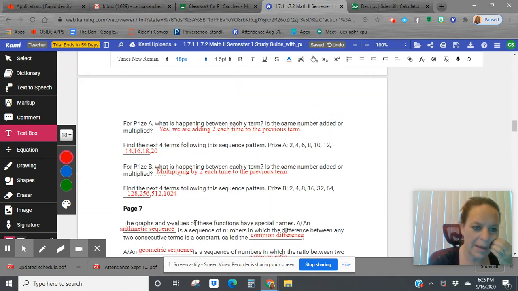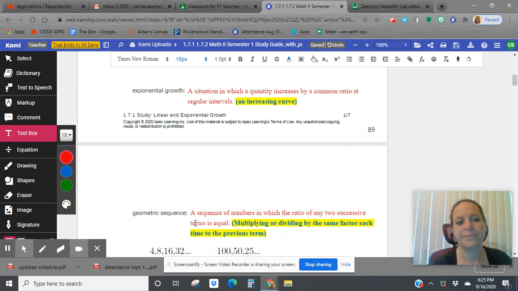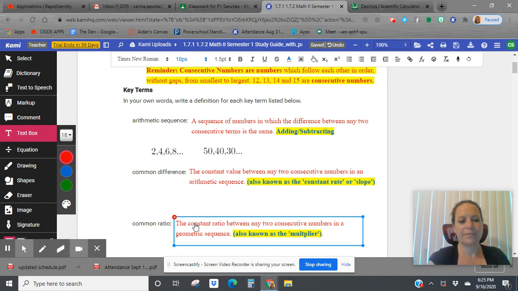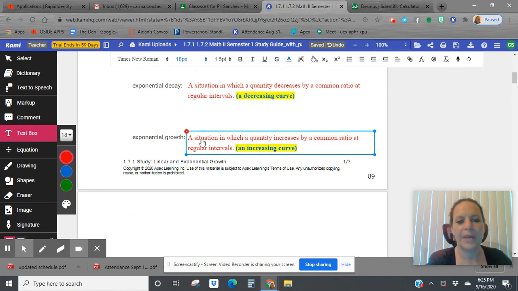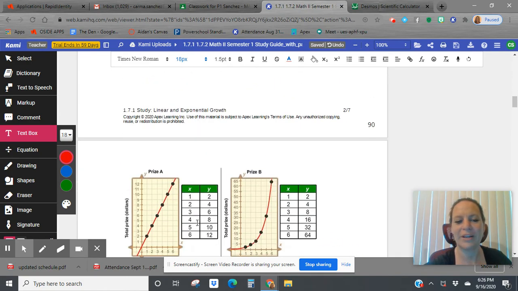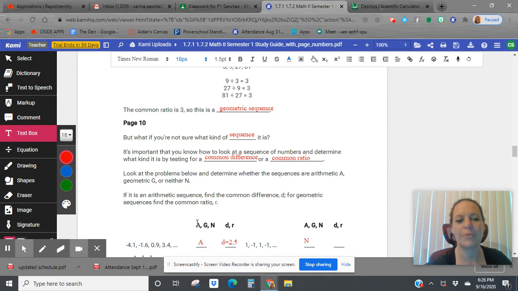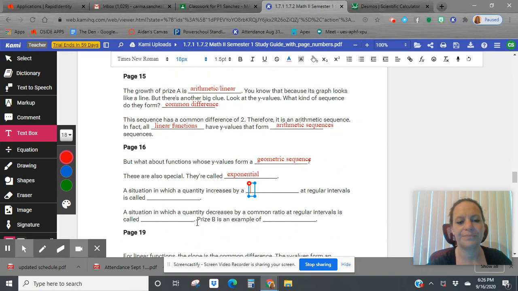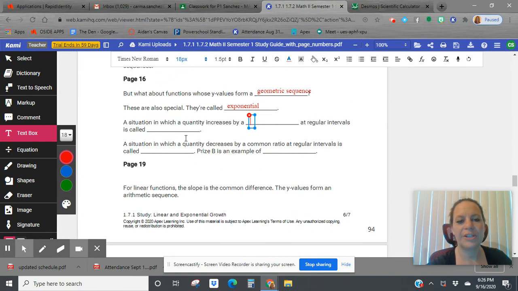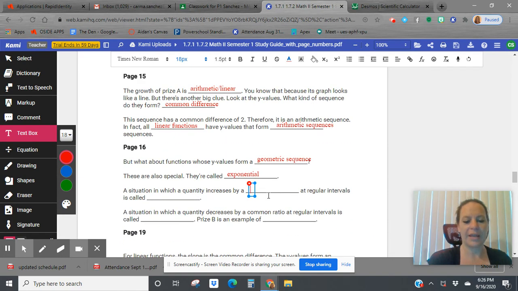When I go way back up to the top and I look at this exponential growth and decay, a situation in which a quantity increases by a common ratio at regular intervals. There's our definition coming right into play here. A situation in which each quantity increases by a common ratio at regular intervals is called exponential growth.